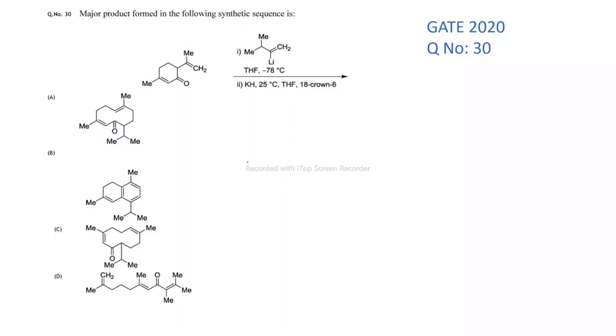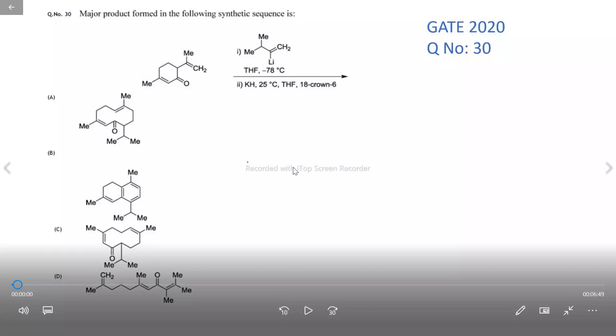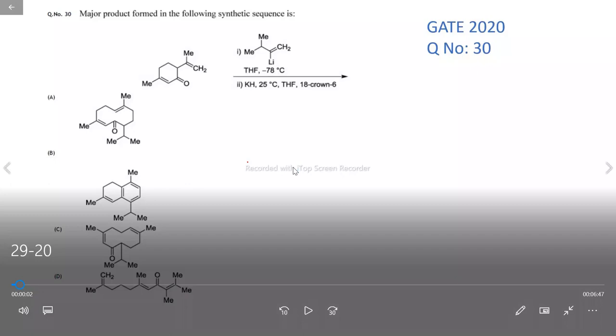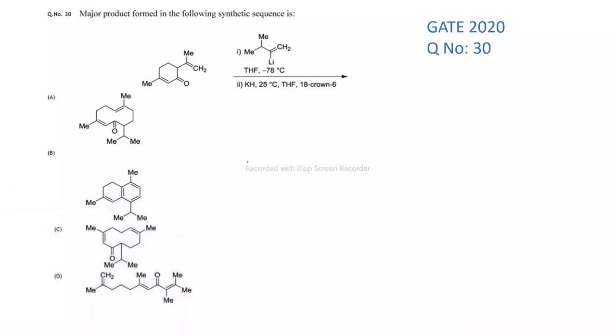Okay, so basically we are taking one substrate and treating it with an organolithium compound. See, it is CH2 minus and Li plus. Can you tell me where this organolithium compound will attack and what the possible sites of attack are?